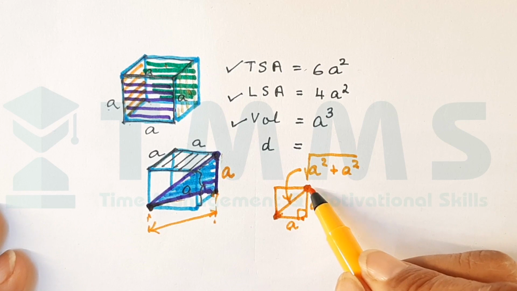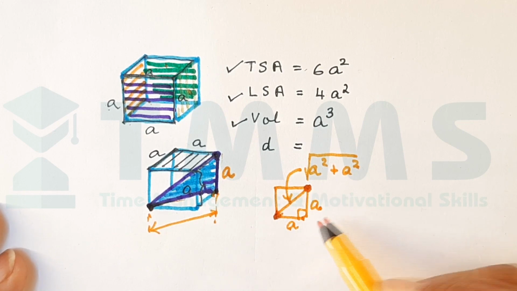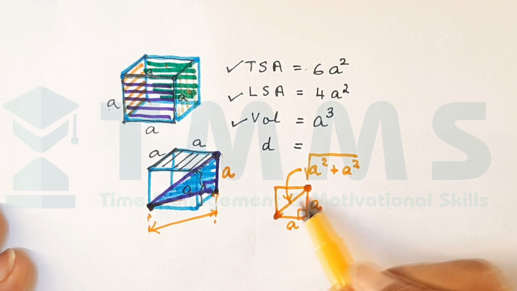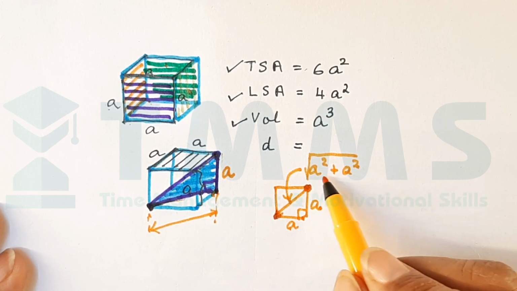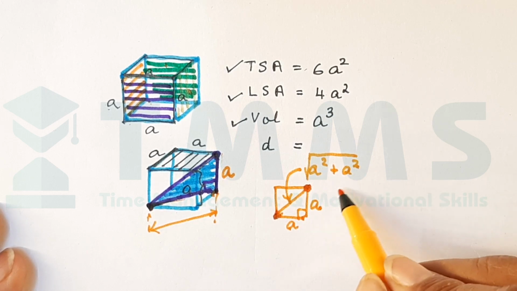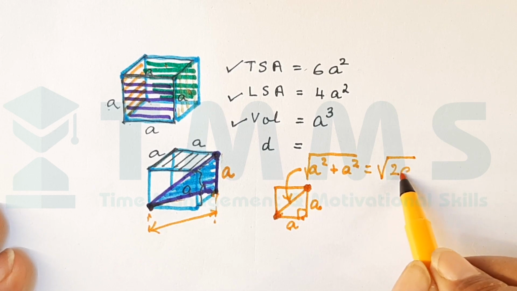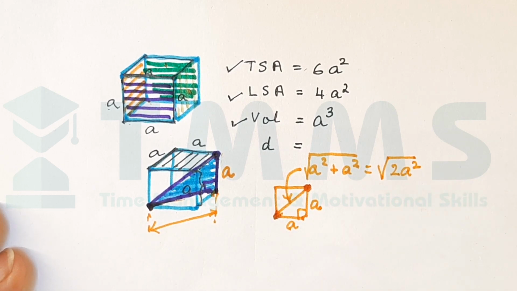Since the hypotenuse square is square of this side plus square of this side, the hypotenuse will be under root square of this plus square of this, which means it is under root 2a squared. Got that?